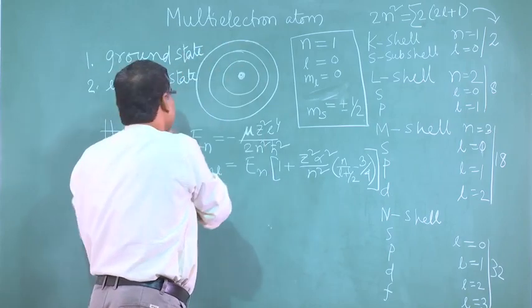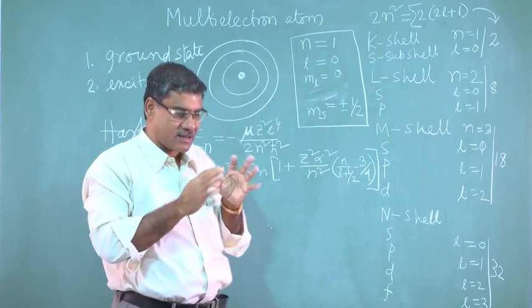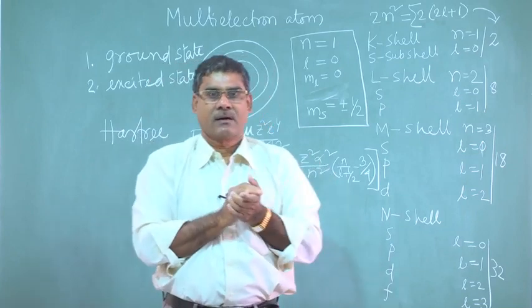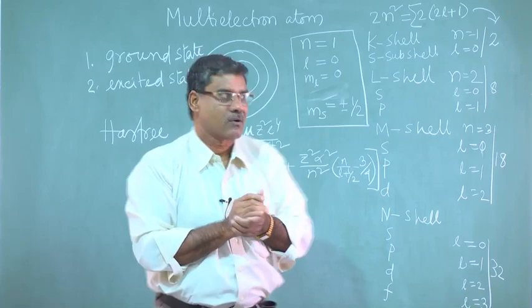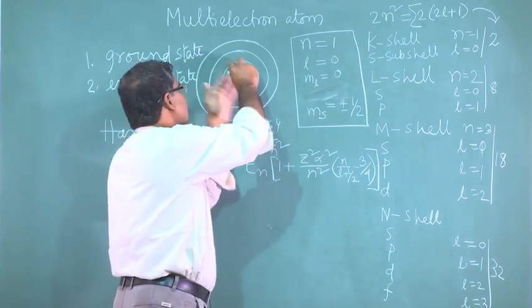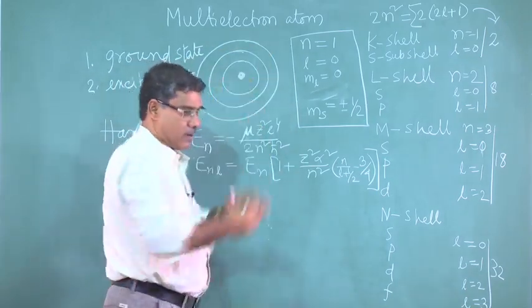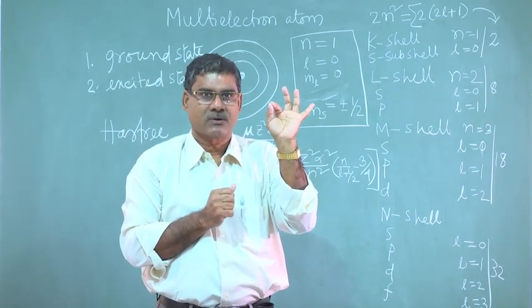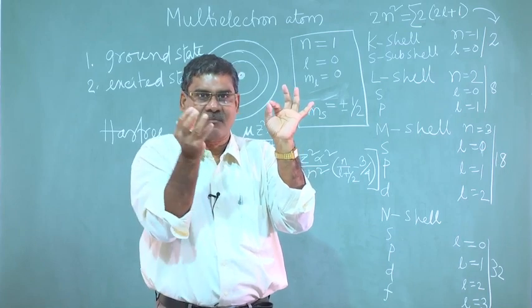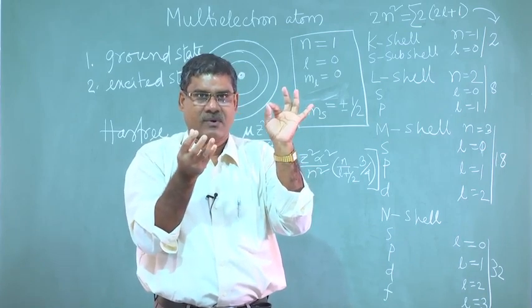So Hartree considered this overall spherical potential, considering the nucleus and the surrounding electrons, keeping one electron. What will be the effect of the other electrons?